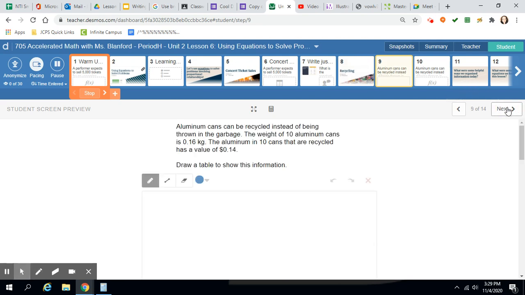So here we have aluminum cans can be recycled instead of being thrown in the garbage. The weight of 10 aluminum cans is 16 hundredths of a kilogram. The aluminum in 10 cans that are recycled has a value of 14 cents.